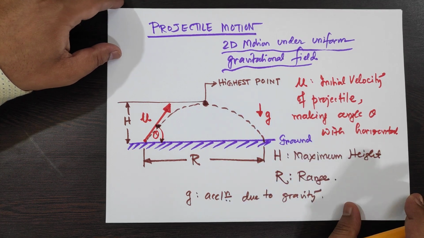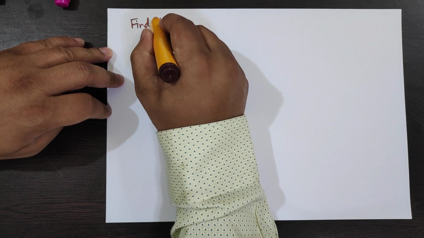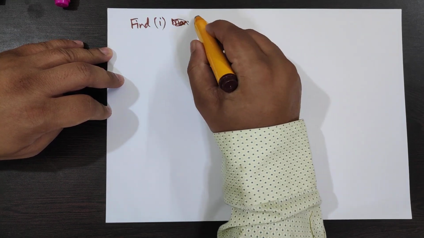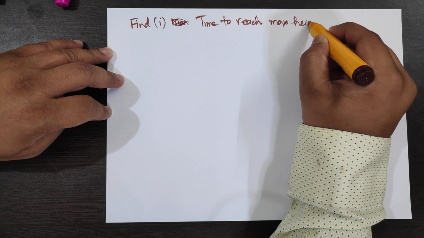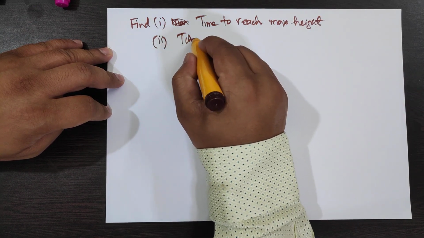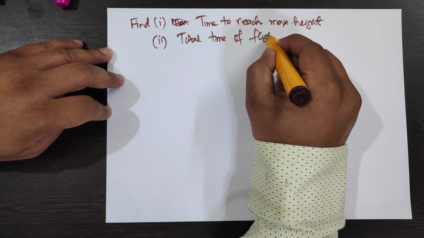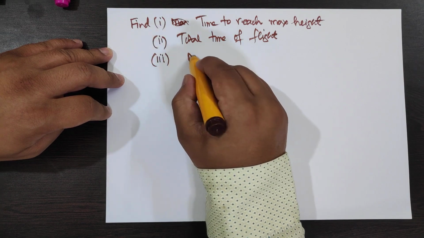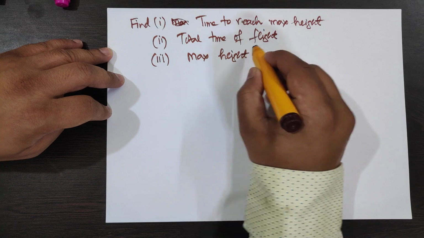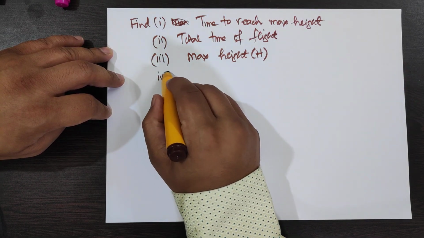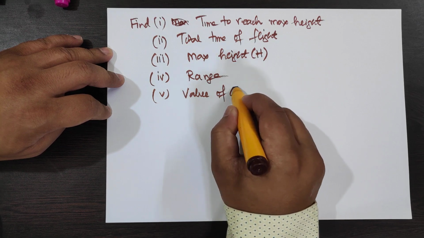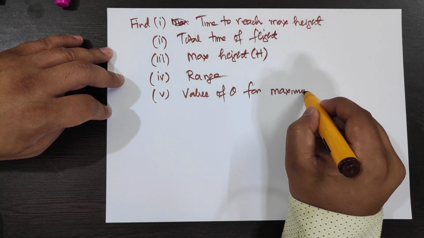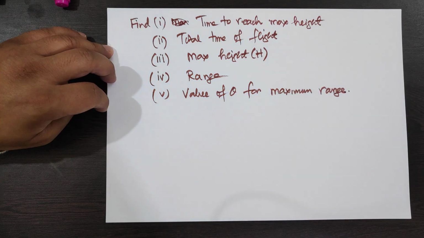Now what we have to find out for this problem is: first the time to reach maximum height or highest point, then the total time of flight, then the maximum height h, then the range, then the value of theta for maximum range.